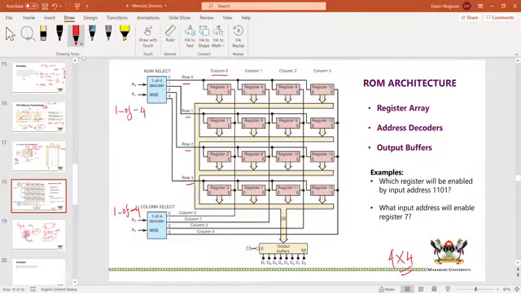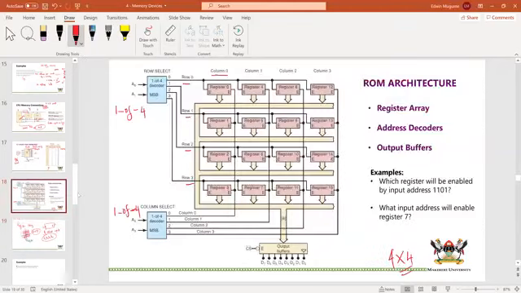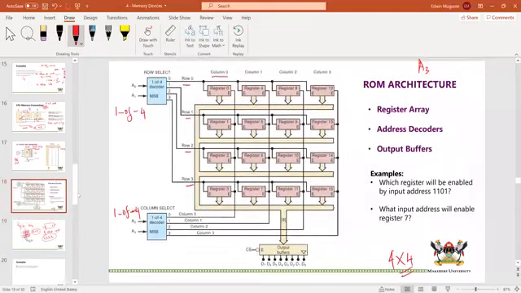Let us look at an example. Let's say that we have A3, A2, A1, A0. The higher significant bits will usually be used for column select, and these lower bits are for row select. So if I have my A1 A0, it will be 00, 01, 10, 11.